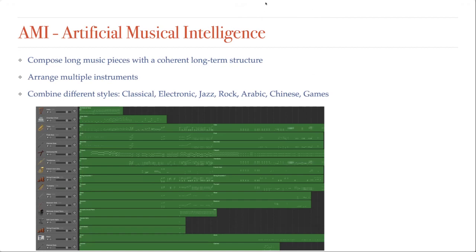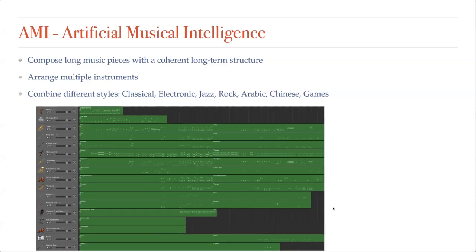Let me stop sharing and try to share my screen again. I'm just looking in the audio settings to see if we can work it out.